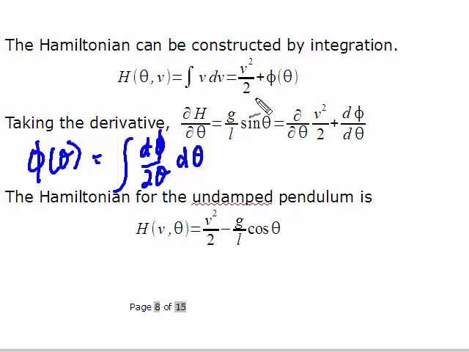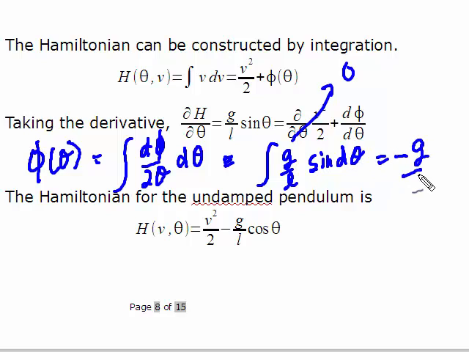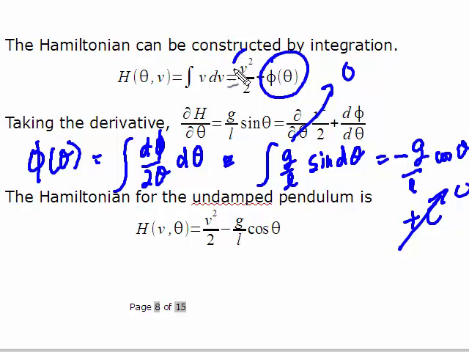That's all I have here, because this is 0, so it is going to be the integral of g over L times the sine of theta d theta, which gives me minus g over L cosine theta plus a constant c, and I set that c to 0. So adding, now I have a specification of that. I already had this term, so here's my Hamiltonian: v squared over 2 minus g over L times the cosine of theta. So now I have a nice closed form solution for the Hamiltonian for this system.